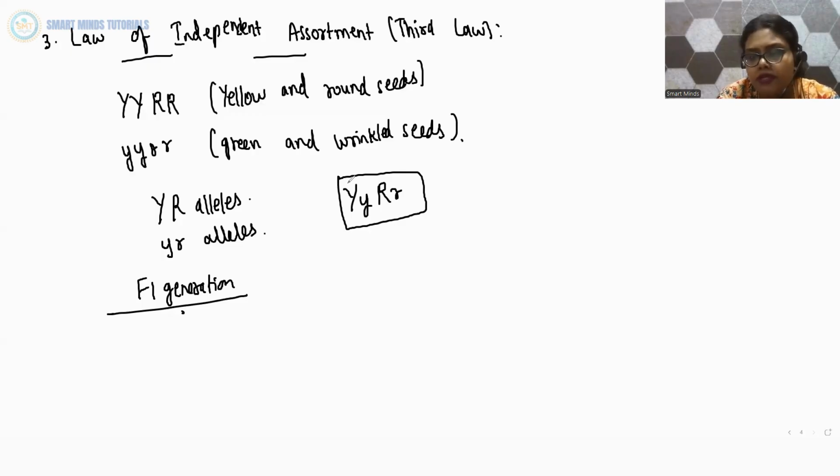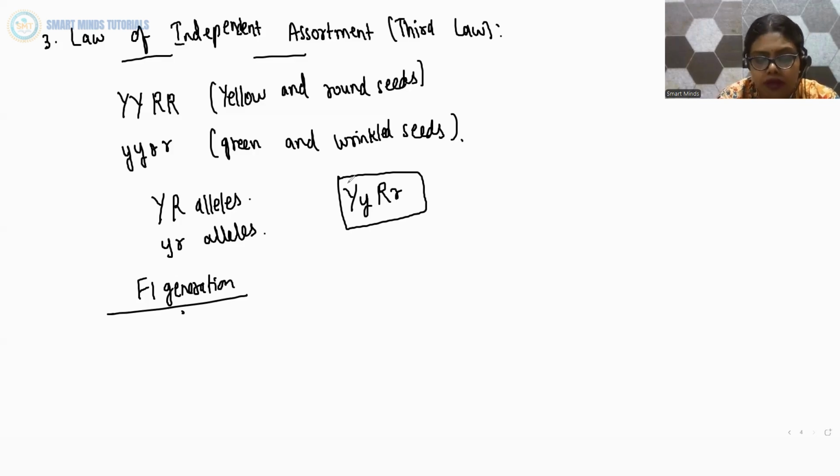F1 plants were all yellow and round because they received both the dominant alleles for yellow, capital Y, and round, capital R, seeds. Because of being heterozygous for two genes, there is a combination of capital and small alleles, so it is called heterozygous.